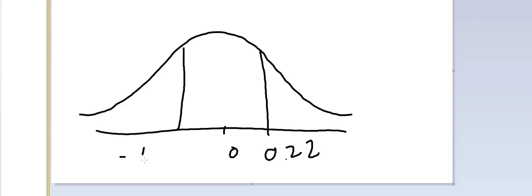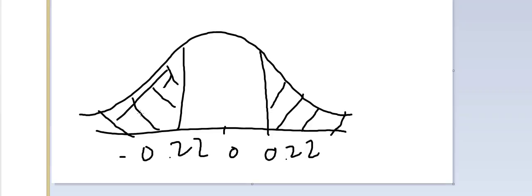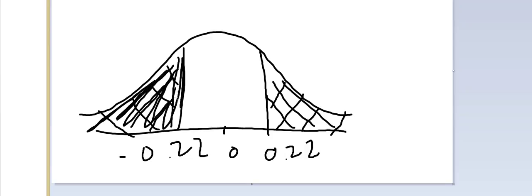But because this is a two-tailed test, we are also going to do the negative version. And also because it's a two-tailed test, we're interested in the area in the tails. So remember, not equal means you're not sure if it's going to be less than or greater than. We just want to see if there's in fact a difference. So that's the area that we're interested in.